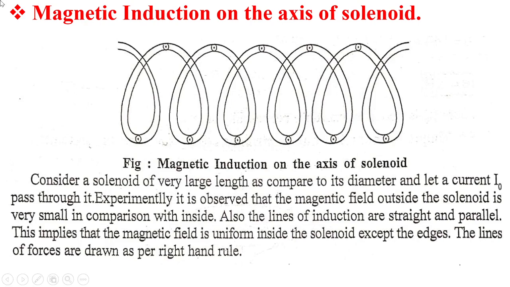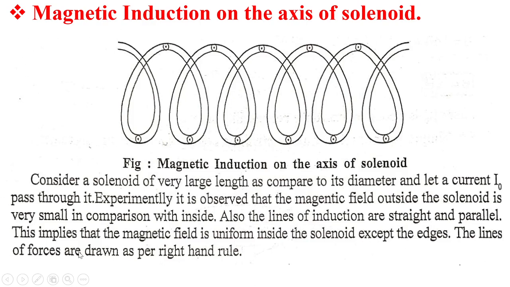A solenoid is made up of a large number of circular loops placed in contact with each other. One end of the solenoid acts as north pole and the other as south pole. Now let a current I0 pass through it.